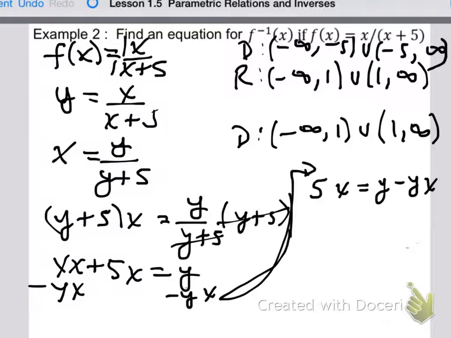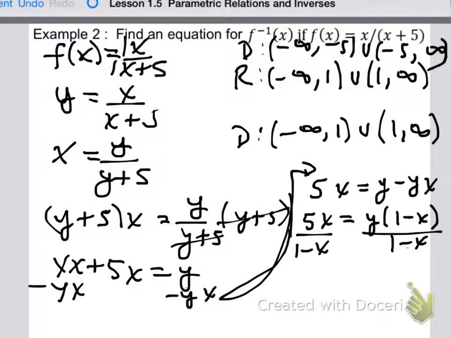And now I'm going to factor out a y. So 5x equals y times 1 minus x. And now I'm going to divide by 1 minus x. And so y is going to equal 5x divided by 1 minus x.